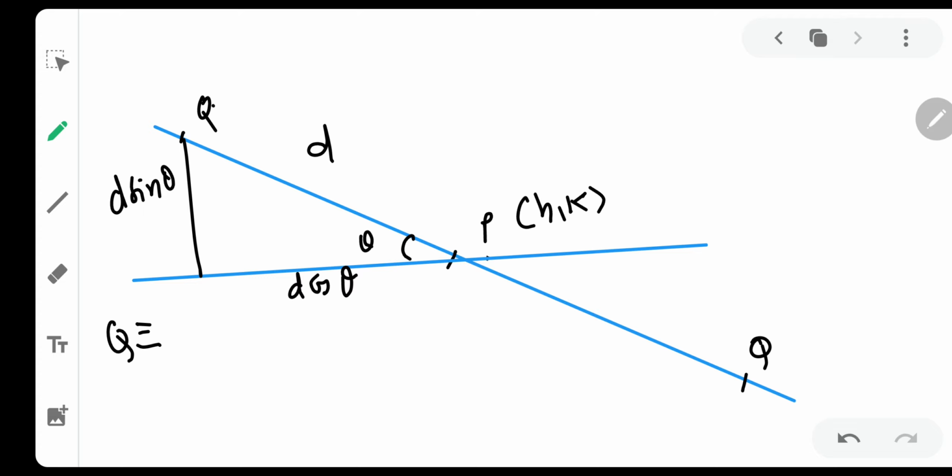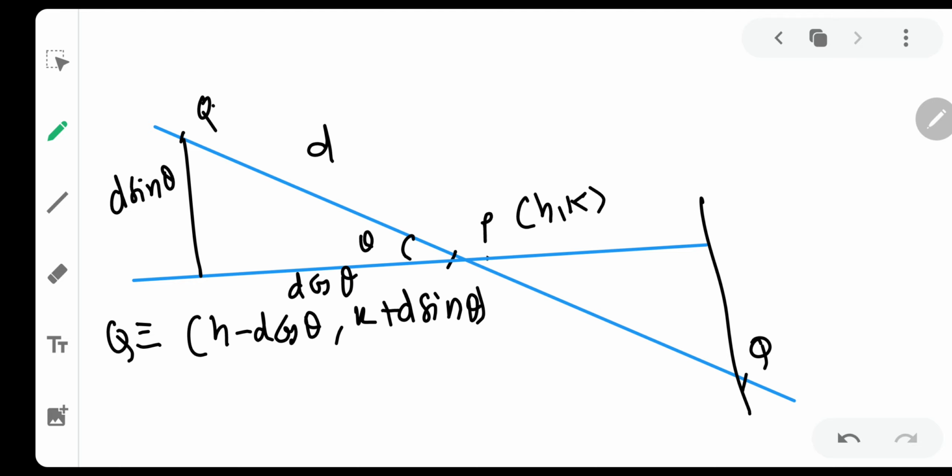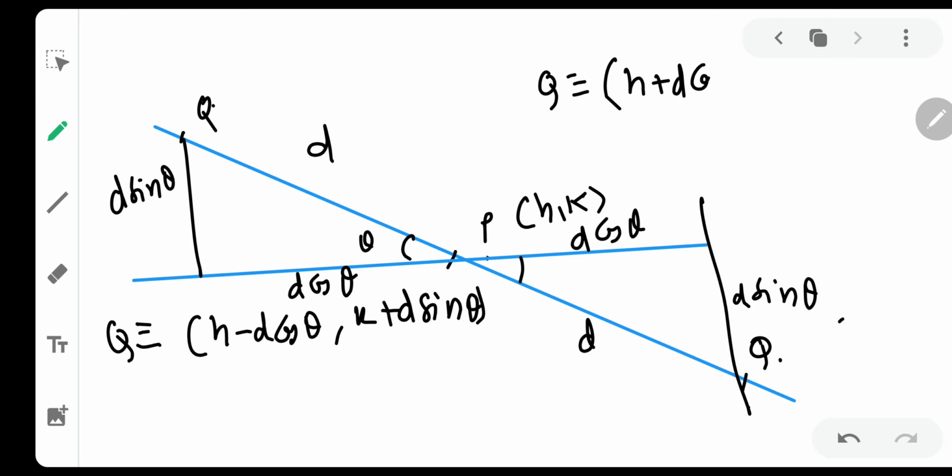But now it is going to the left. Going to the left means h minus d cos theta, and going up means k plus d sin theta, right? Simple. And now for this particular point, again this is d, this will be d cos theta and this will be d sin theta. So for this Q, it is going to the right, so h plus d cos theta, and it is going down, so k minus d sin theta.